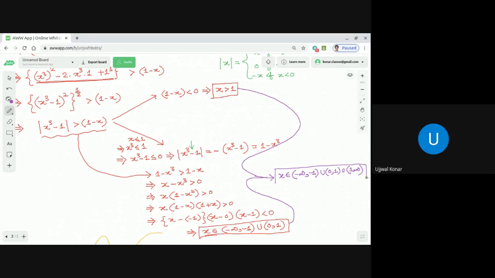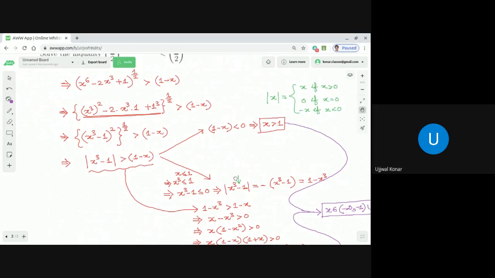So what are the lessons learned so far? We should not miss out any assumption. We should not assume something and proceed. Rather, we should look into whether we are considering all the corner cases or not. Why did I bring this question, dear students? Generally there is a tendency that x cube minus 1 power 2, power 1 by 2 means x cube minus 1.